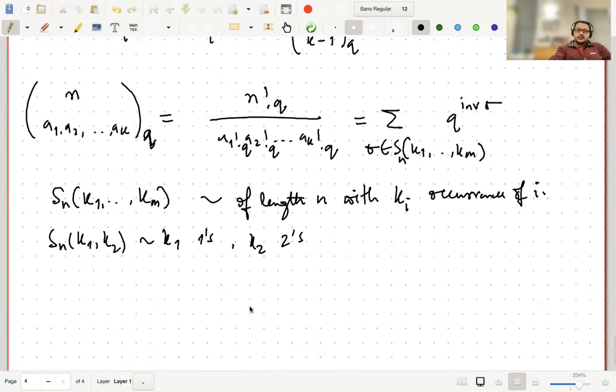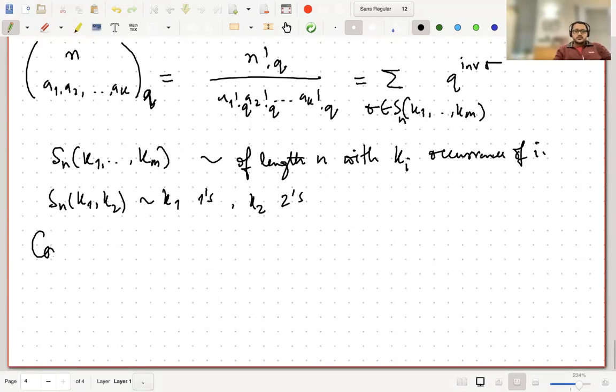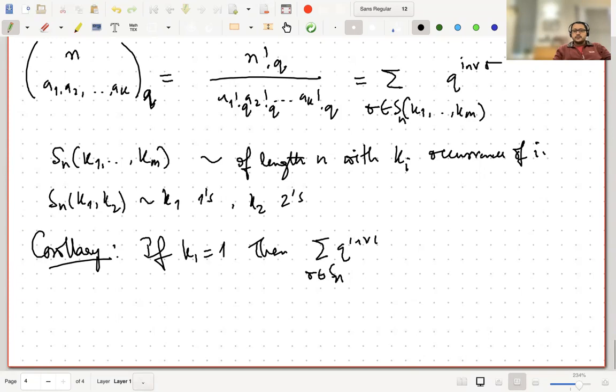of sigma. And as a corollary of this, if ki is equal to 1, then we get the sum over Sn of q raised to the power inversions of sigma is equal to n factorial q.